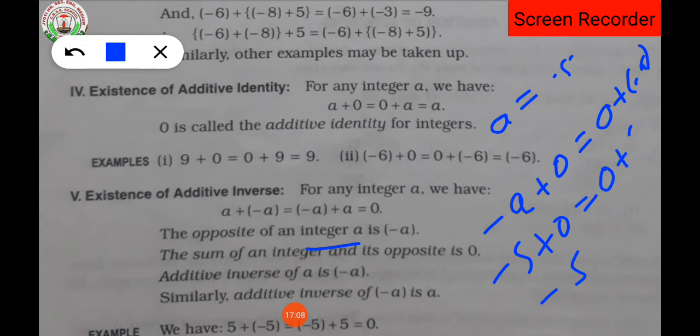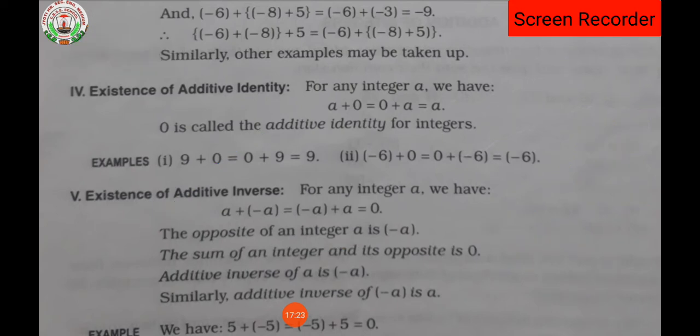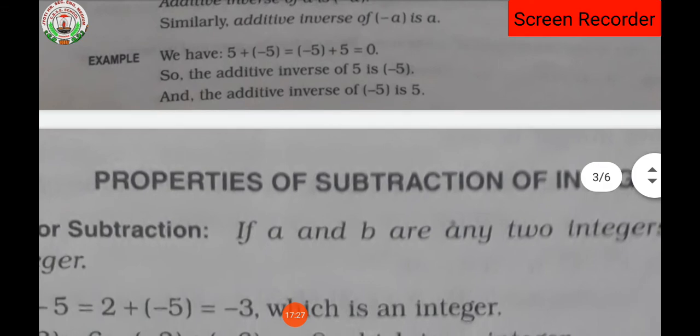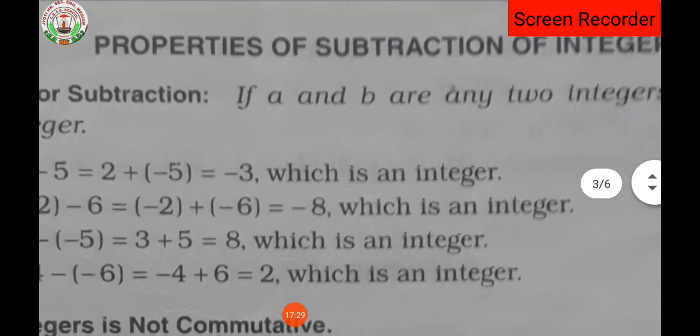When 0 is added to a negative number, the answer is that same negative number. So both sides, LHS and RHS, give the negative integer. That means again the same thing happens, isn't it? So this is the additive inverse property. Have you understood, everyone? The next property we are going to see is about subtraction.